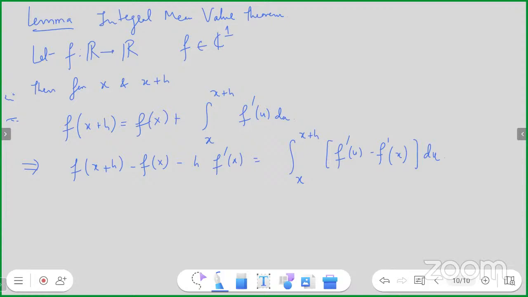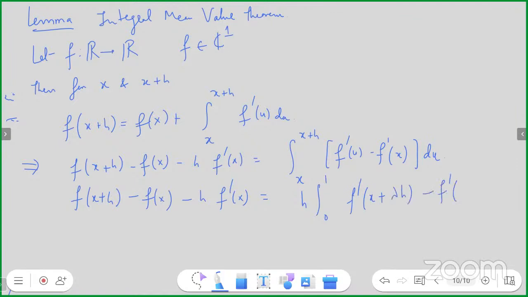And alternatively, you can write f of x plus h minus f of x minus h f prime of x equal to h times the integral from 0 to 1 of f prime of x plus lambda h minus f prime of x. So these are equivalent once you get it. I'm not going to prove this. It's just a basic fact.